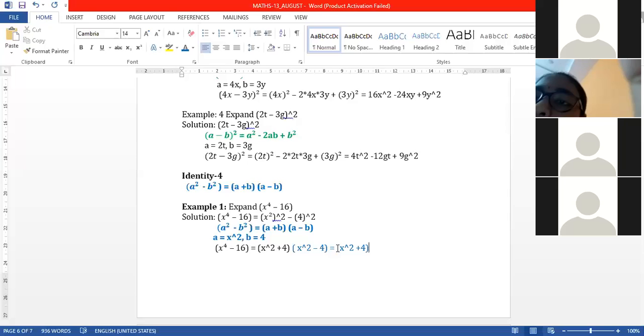Again x square minus 4, (x) whole square minus (2) whole square, means a square minus b square. Again we can apply, where the value of a is x and the value of b is 2. (x plus 2)(x minus 2). Two times I have applied the a square minus b square identity. This is the answer.